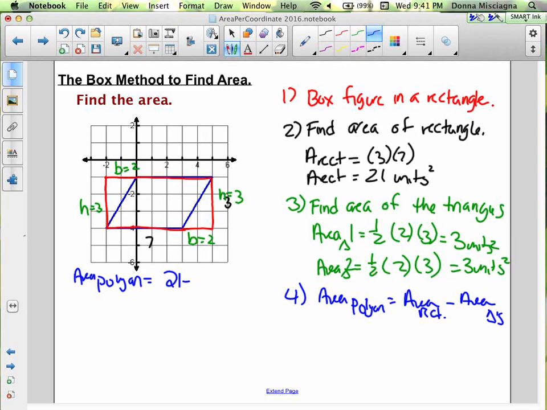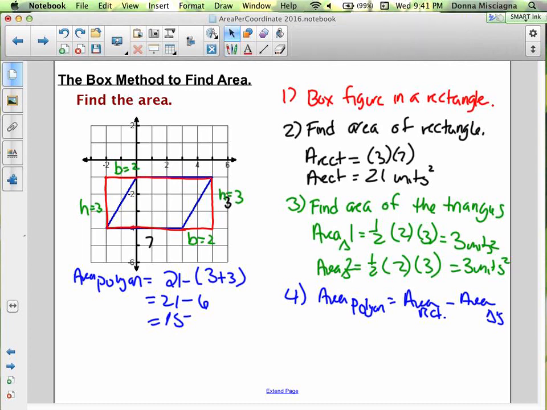If we add those up, that gives 21 minus 6, or 15. Oh, and I should put units squared. And there we go. We have found the area of our parallelogram using the box method.